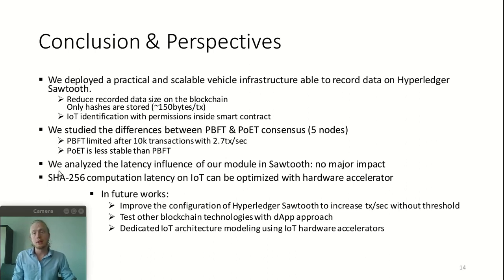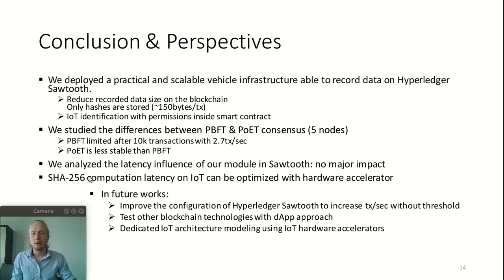We have also analyzed the latency of our IPFS module inside of the transaction processor as a module in Sawtooth, and we have seen that there is no major impact on the transaction validation rate with and without using our IPFS module.